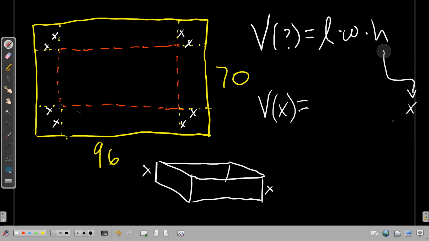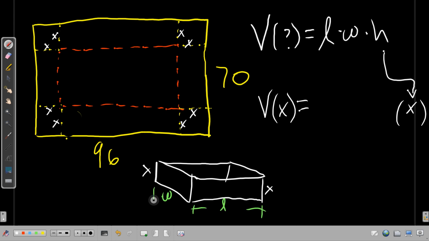Now let's talk about the width. We're going to designate the length as the longer edge and the width as the shorter edge. So this would be our width, and this would be our length.